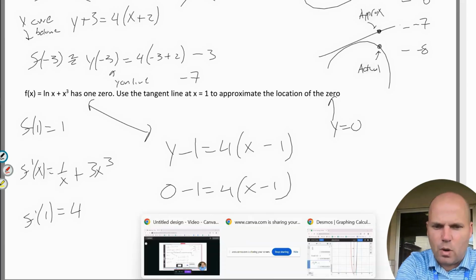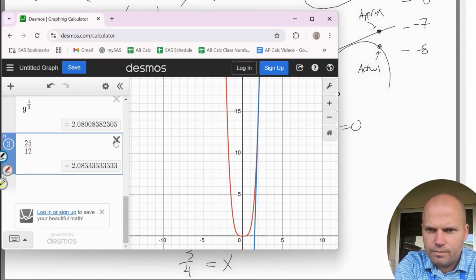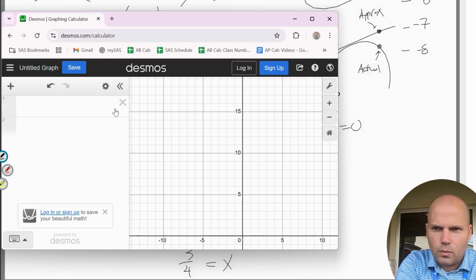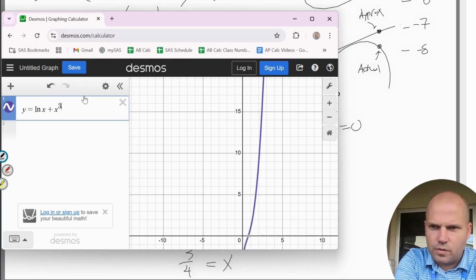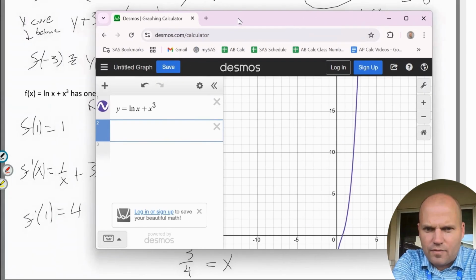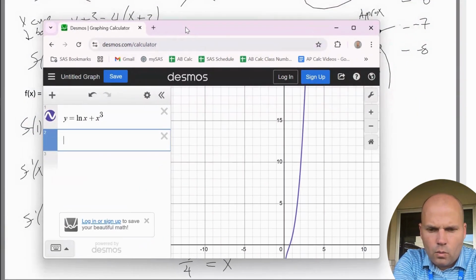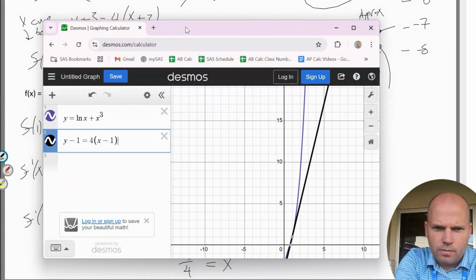But I'll show you visually what we just did, just so it makes sense to you, hopefully. We got y equals log x plus x cubed. And I know at the point 1, 1, we'll have the tangent line y minus 1 equals 4 times x minus 1.